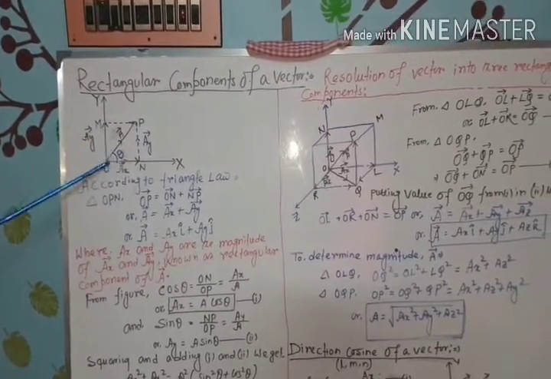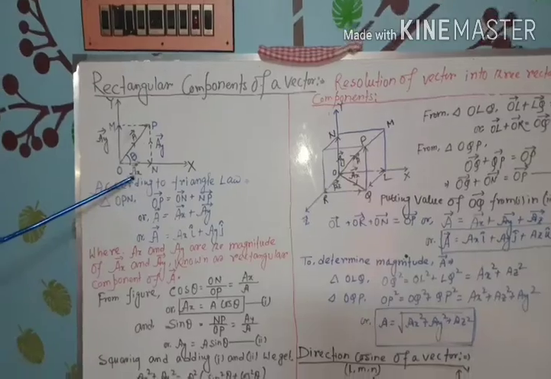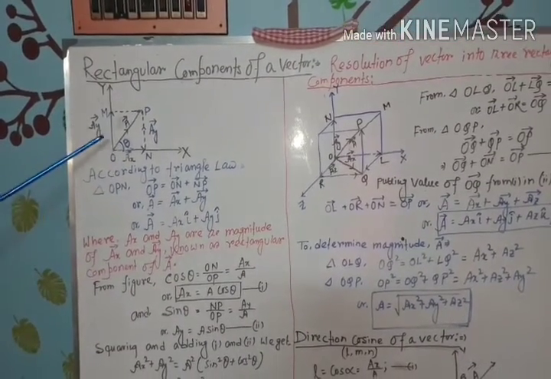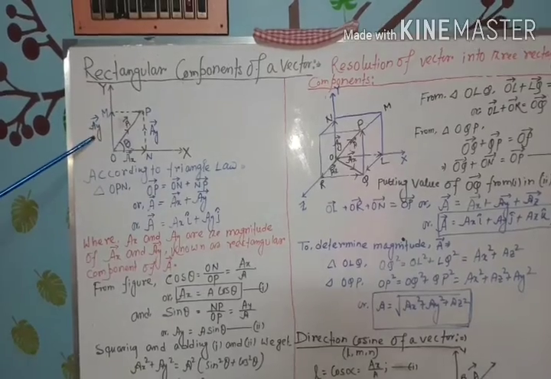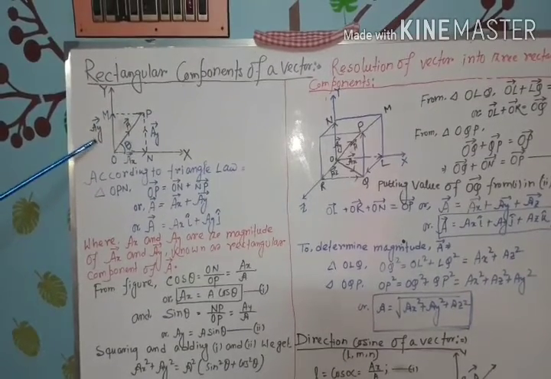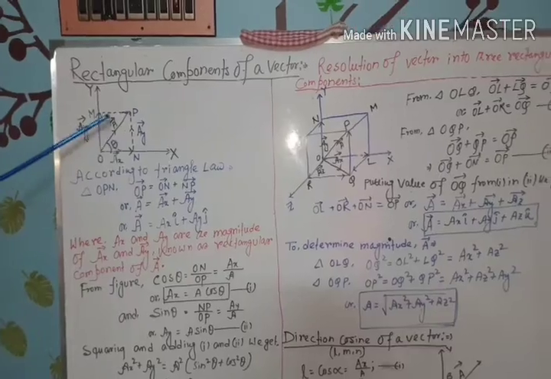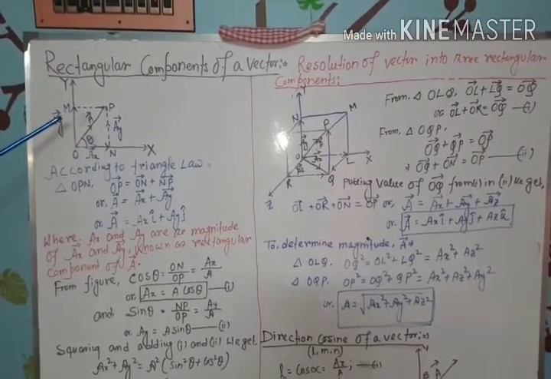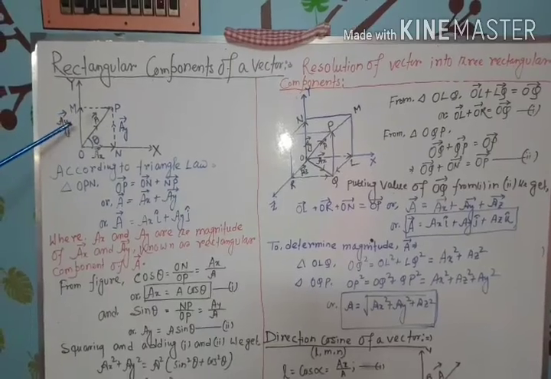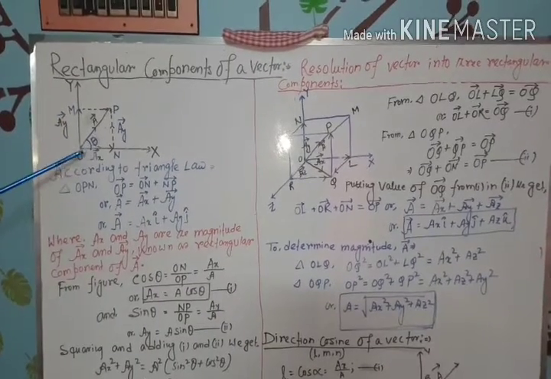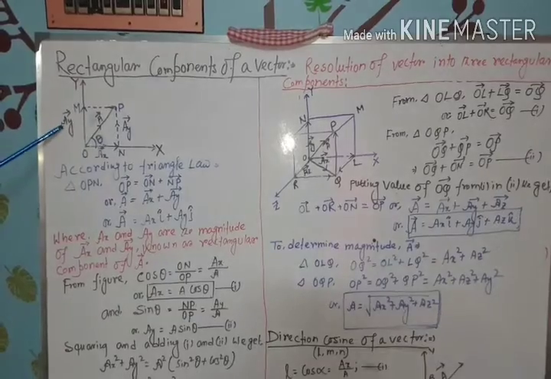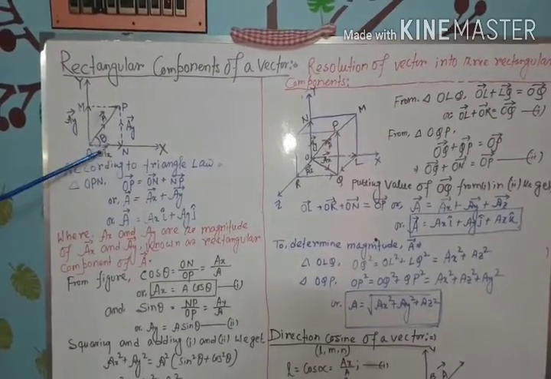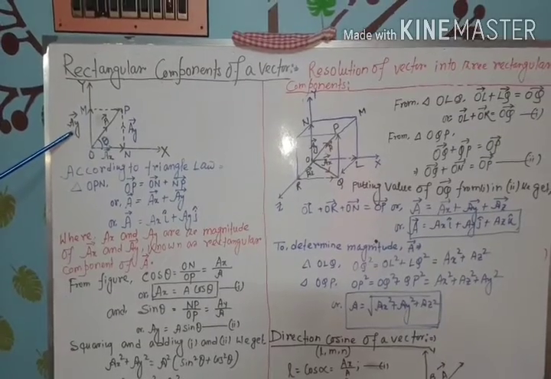So therefore ON, which is represented by AX vector, and OM, which is represented by AY vector, are the rectangular components of the vector A. Now we have to determine the magnitude of these rectangular components AX and AY, and we have to represent the given vector in terms of their rectangular components.